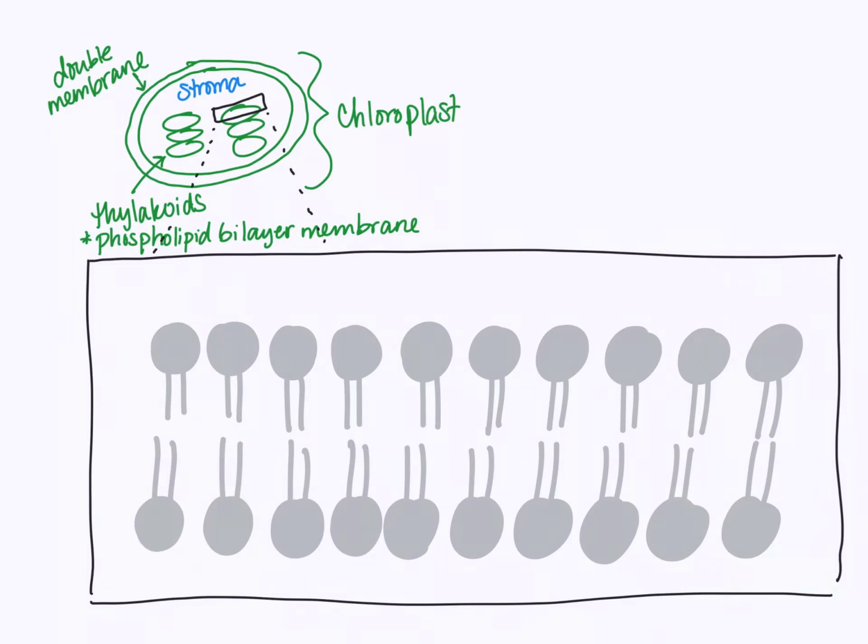And just like the cell membrane, there might be other molecules embedded in this phospholipid bilayer, including proteins. Some of the proteins embedded in this phospholipid bilayer are going to be the proteins of the photosystems, including those pigment molecules.